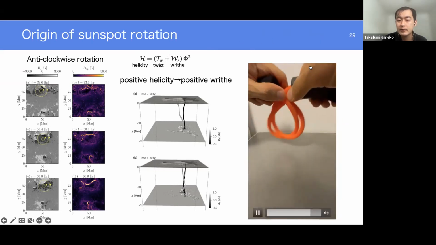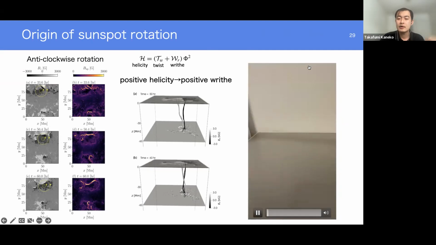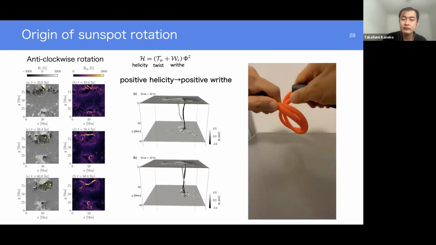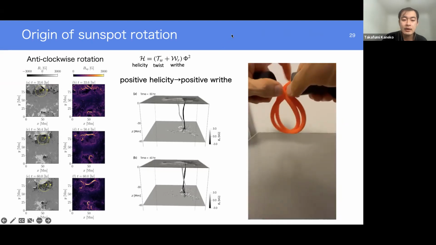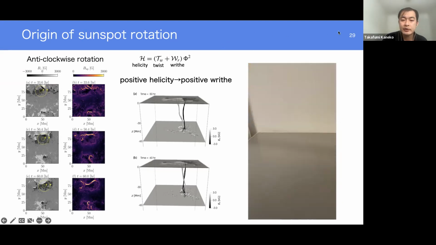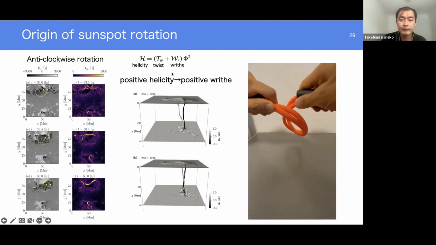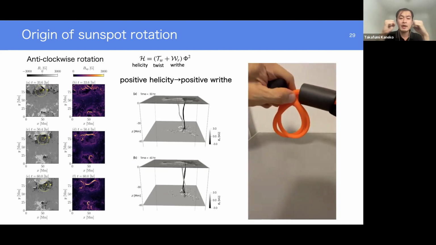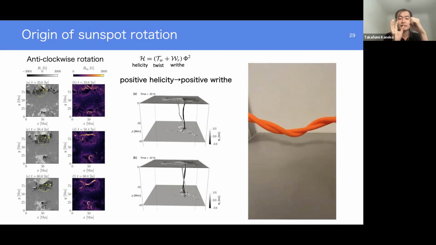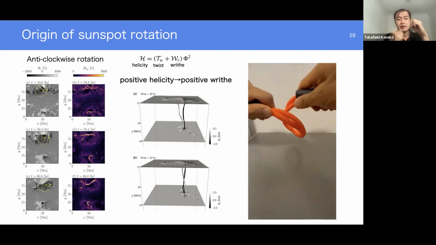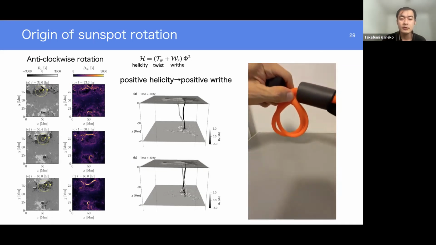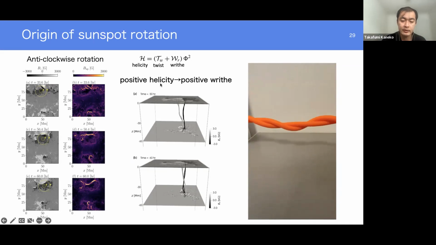The right panel movie shows a conversion of helicity to rise. Because the flux tube has positive helicity, if the two ends of the polarity approach, the helicity is converted to the rise, and the anti-clockwise rotation is driven.